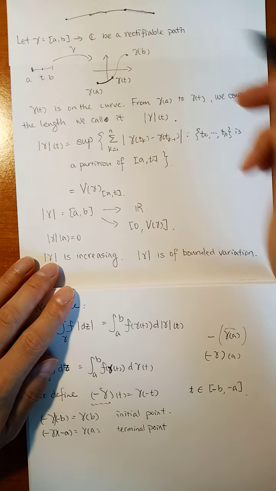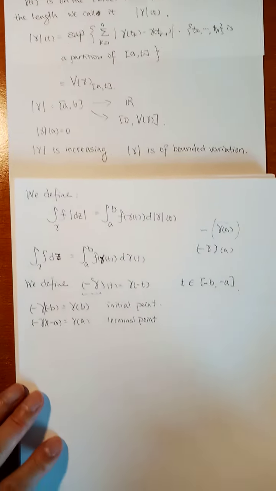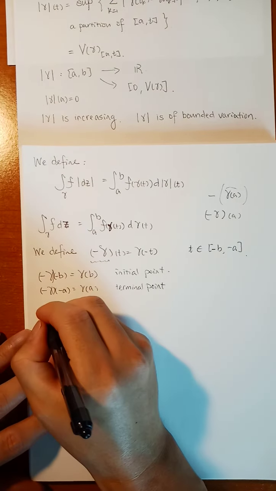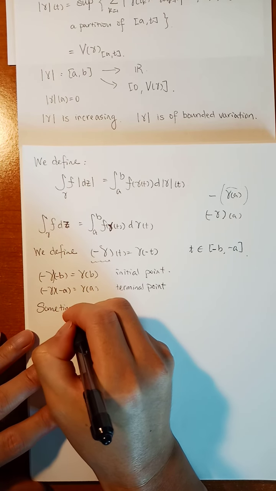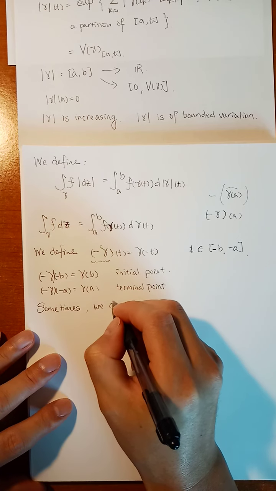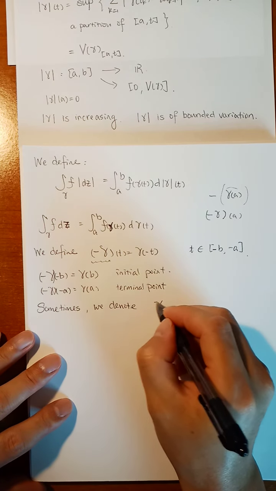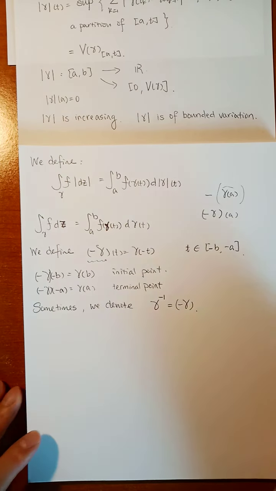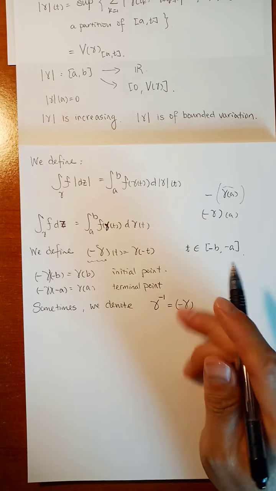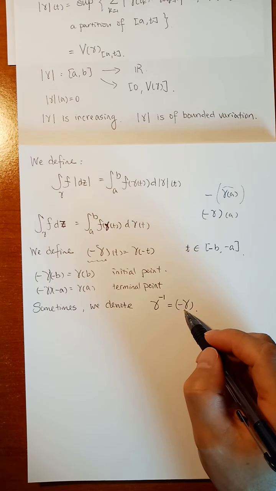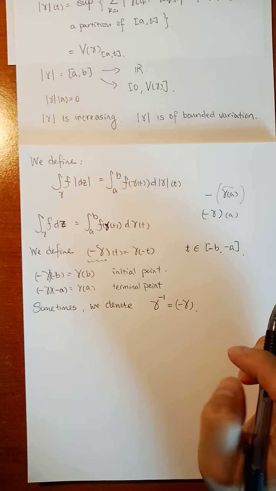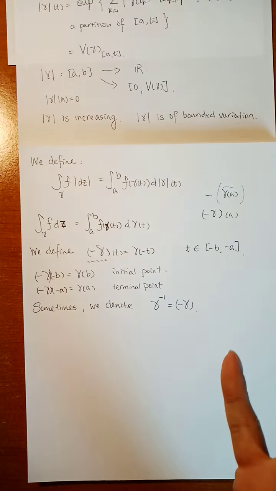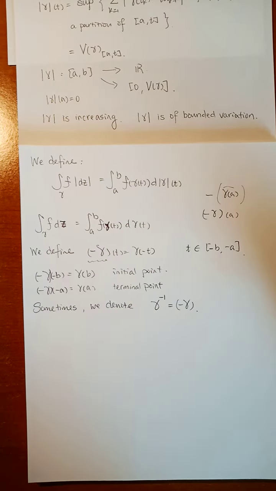So this is going backward, and that's why we call it negative. You only change the direction, you do not change any other point. Sometimes we denote gamma to the negative 1 to be the negative gamma. We use this if we want a multiplication group, and we use the negative if we want an additive group. Either way, it's just the inverse, the opposite direction.